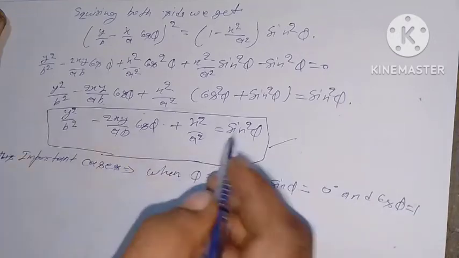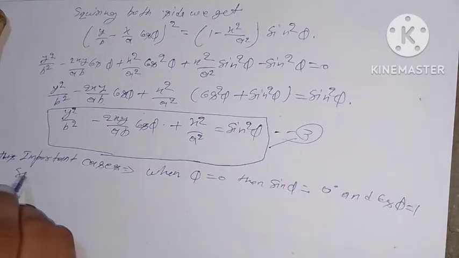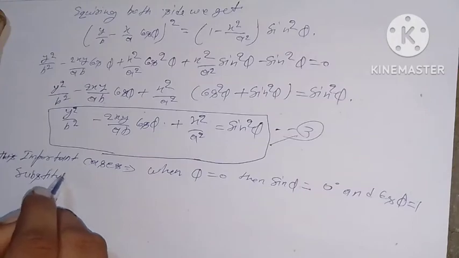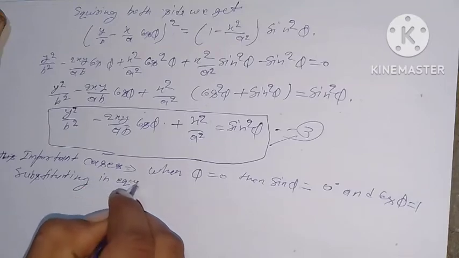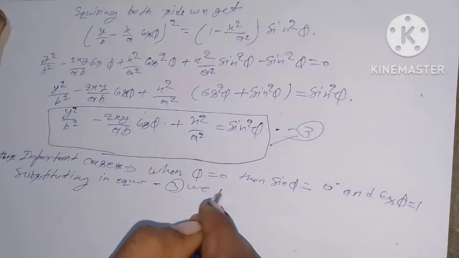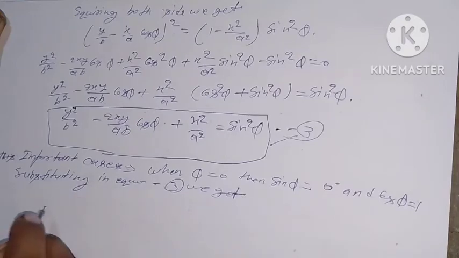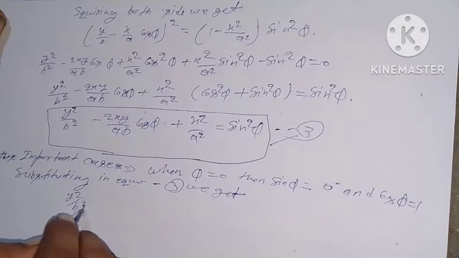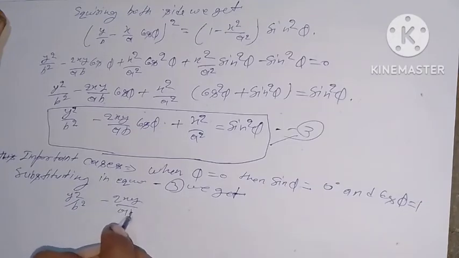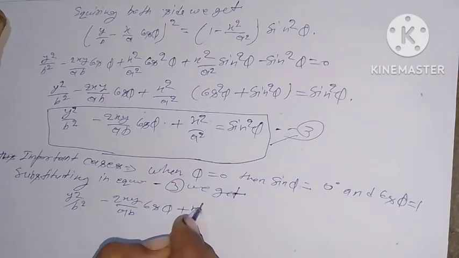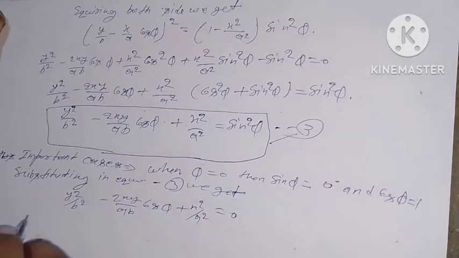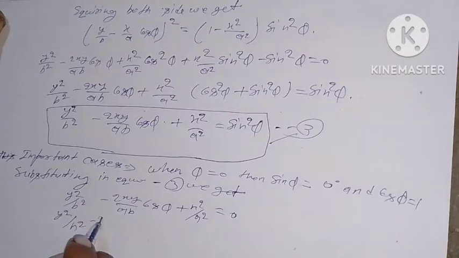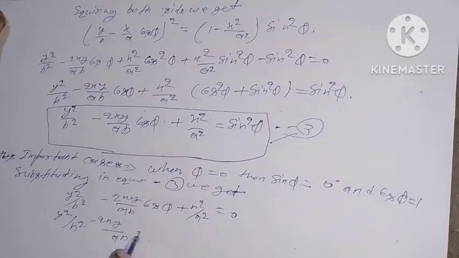Substituting in equation number 3, we get y square upon b square minus 2xy upon ab plus x square upon a square equal to 0.